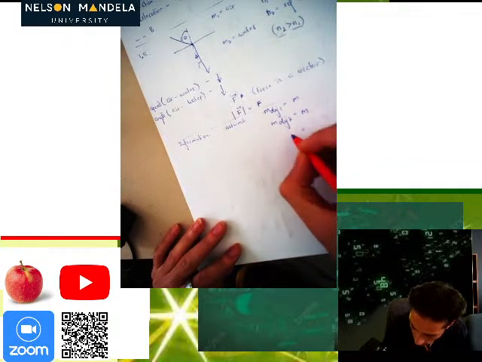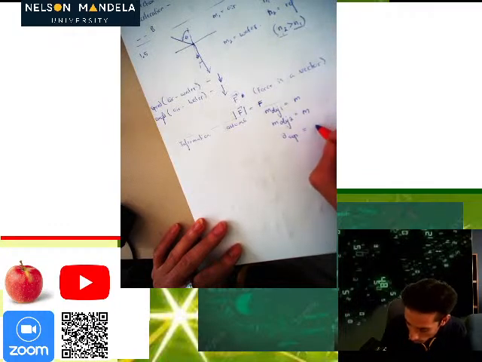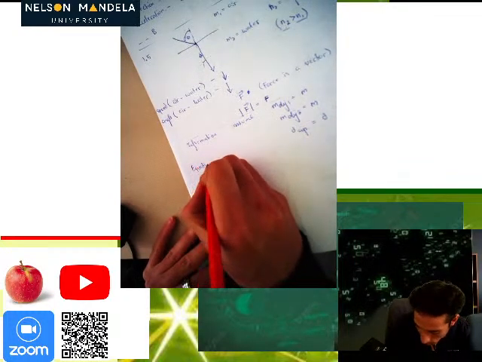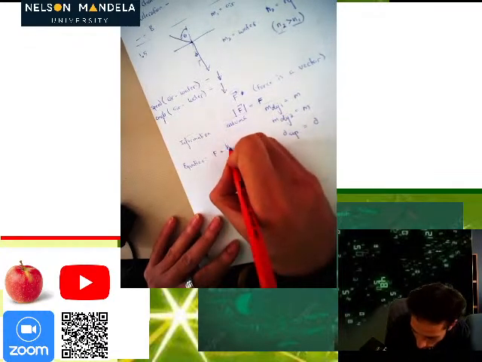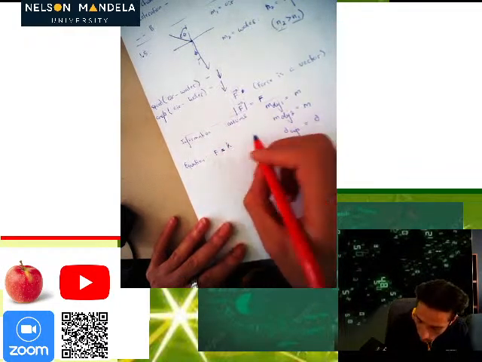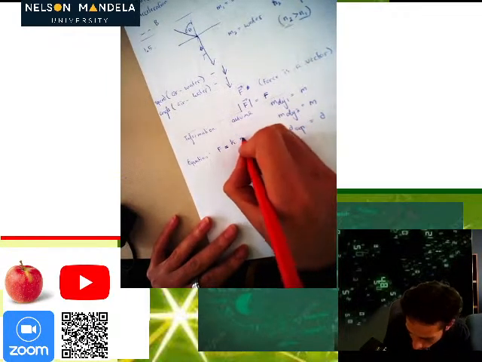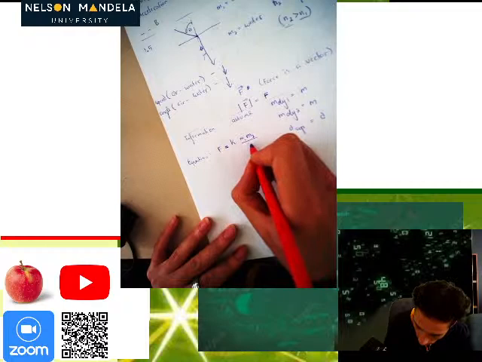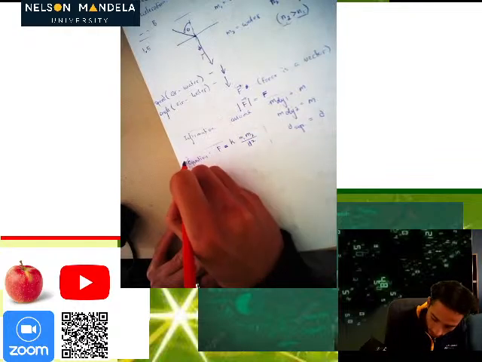The original separation was just d, and the equation for the force between two charged objects is k m1 m2 divided by the separation distance squared.